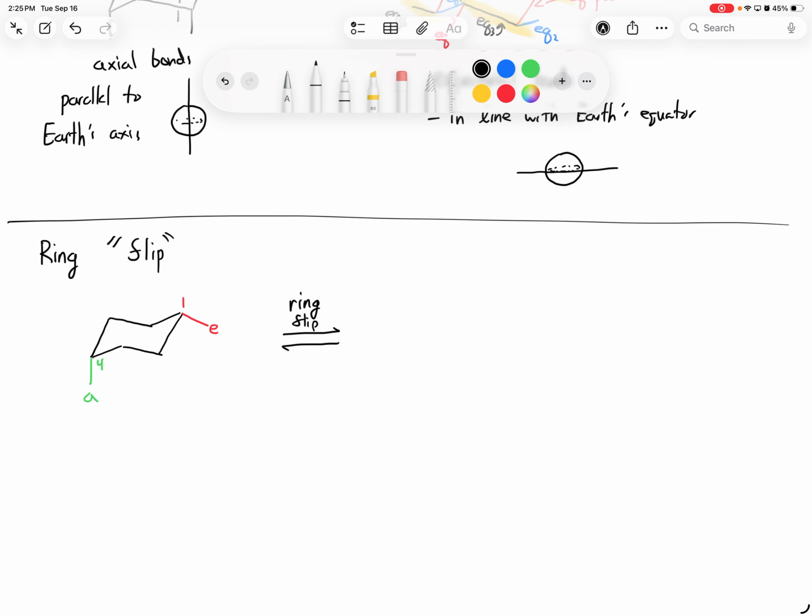So here we're going to move C4 up, carbon number 4, okay? And then here, in the red, well, let's just show this. We're going to move C1 down a bit, okay?